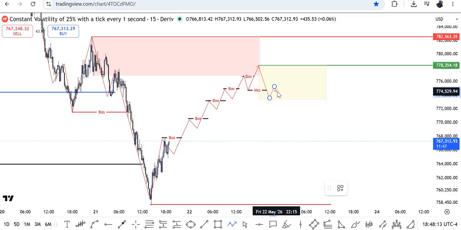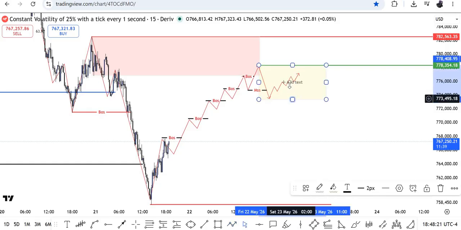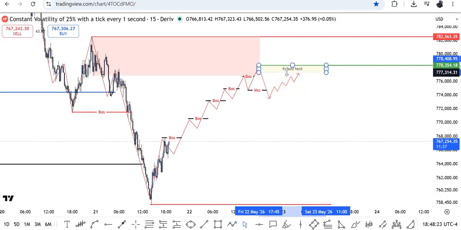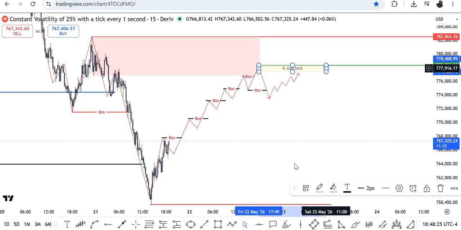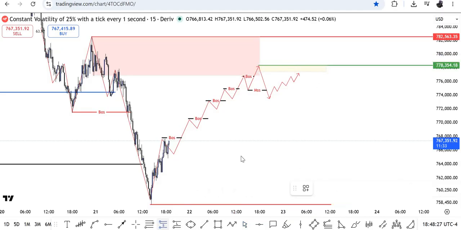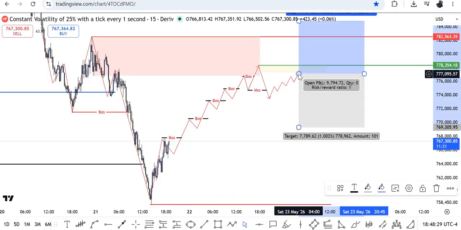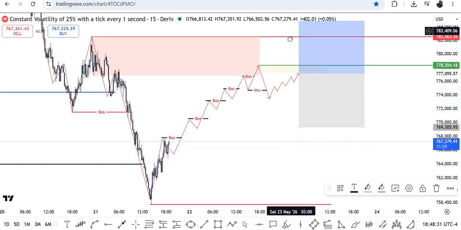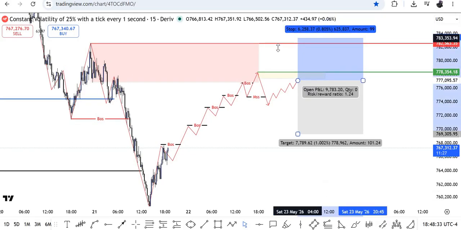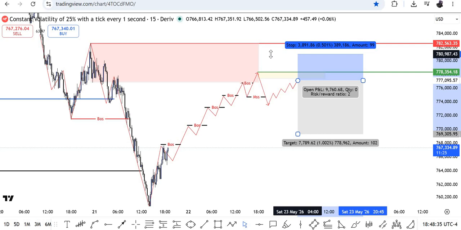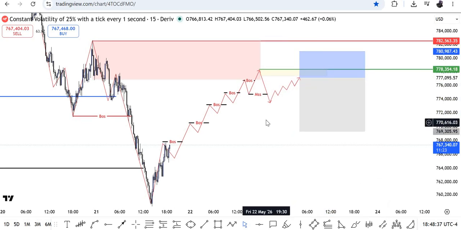It might create a little bit of micro structure, but that's fine. And if I had identified my supply zone right here, I would take my entry somewhere here, and in this case I can put my stop loss here, because this level is already broken.